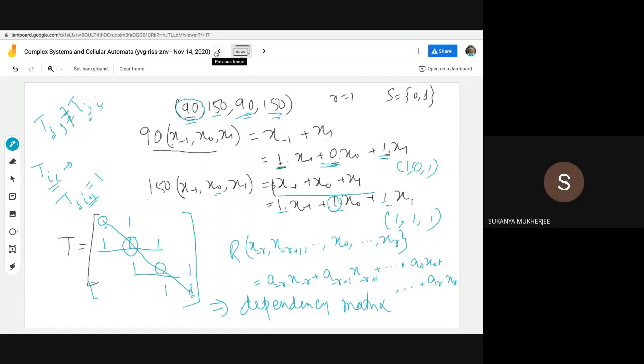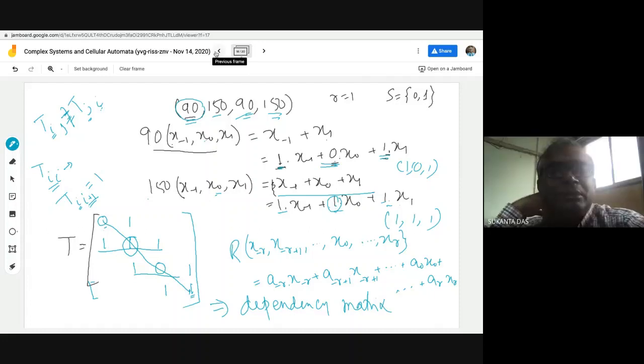If the CA is non-linear, it is difficult for us to find the equivalency, which means cycle structures. In the case of linear CA, it is much simpler, very simple compared to non-linear CA.